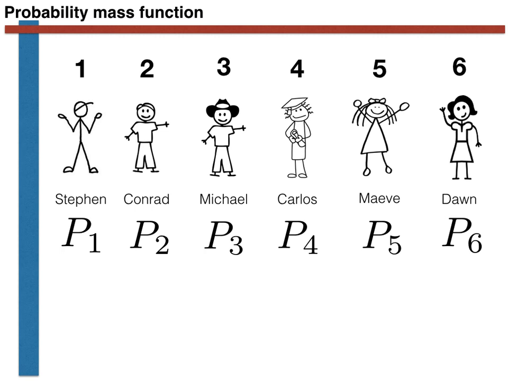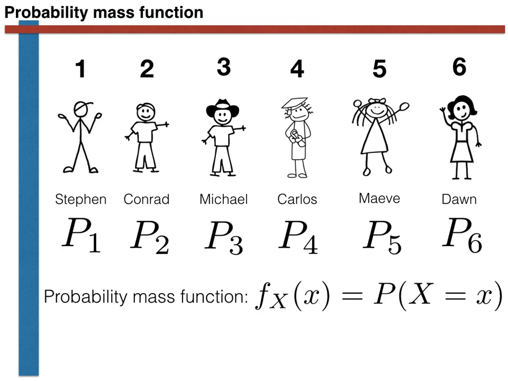These 6 probabilities can be grouped together in a single function called the probability mass function. When this function is evaluated for a particular small x value, it gives us the probability that the random variable X is equal to small x. For example, if small x is equal to 2, the probability mass function is equal to P2, the probability of selecting Carlos.